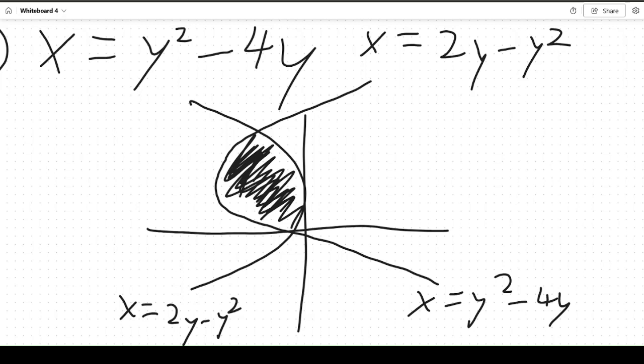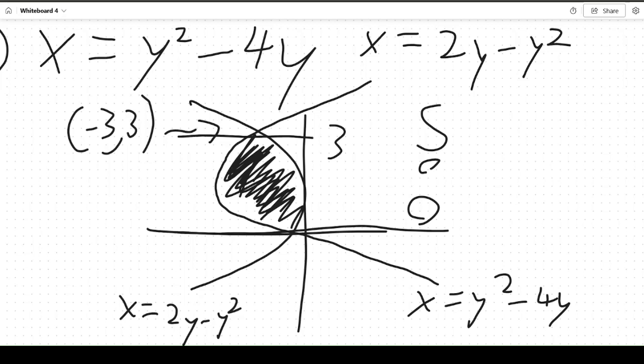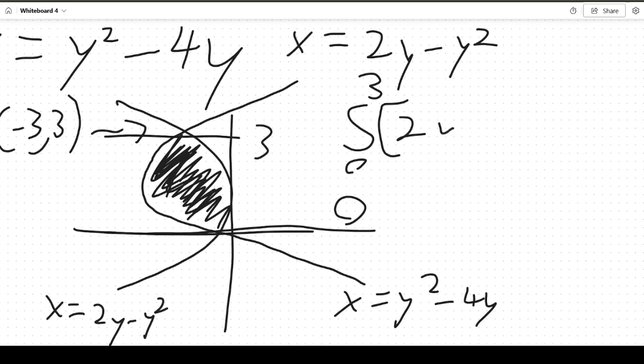So remember, we have to calculate this from left to right in terms of y. So in this case, it will be from 0 to 3. So the first function that goes first would be 2y, since it's going right first. 2y minus y squared.